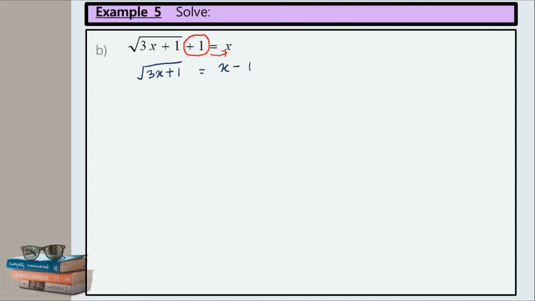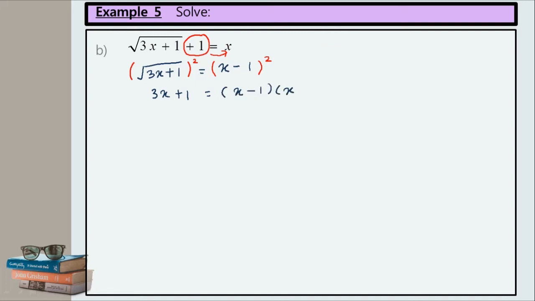Now, barulah kita square both sides. Okay, put in bracket the whole thing in the left hand side and the whole thing at the right hand side. Left hand side, we have surd 3x plus 1 squared. So, bila surd dengan squared, done. We only have 3x plus 1 sebab surd dia dah hilang. X minus 1 squared, since we have in bracket squared, so we need to expand.